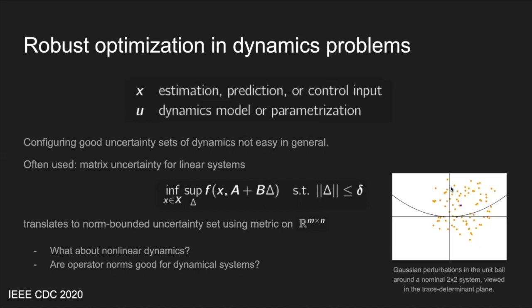And for the second question, we have some preliminary evidence from this graphic on the right that the answer is no. So here we have Gaussian perturbations of an LTI 2x2 system in the unit ball, viewed in the trace determinant plane. So here we have the nominal, which is a spiral source system. And even with fairly small perturbations, we venture into distinct dynamic regimes, like saddle or even spiral sink. This suggests that while two representations may be close in some default metric, they may be distant in some dynamic sense.